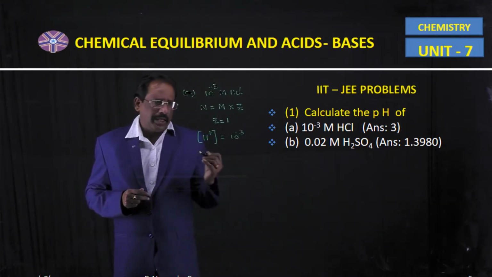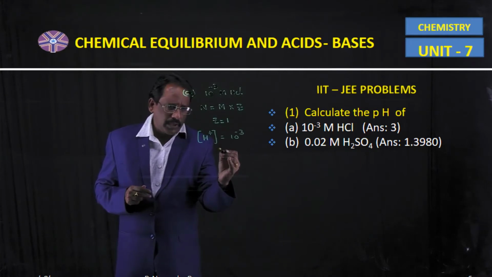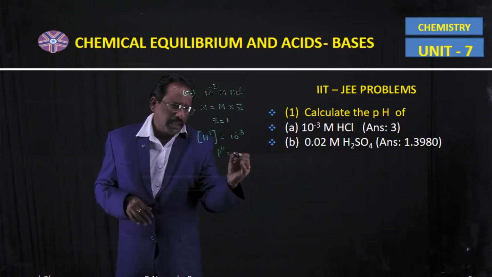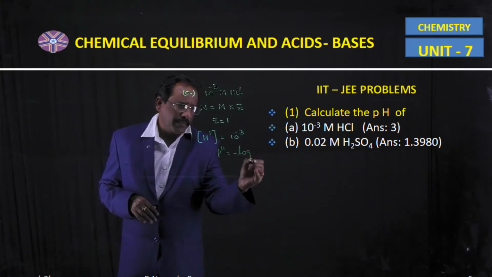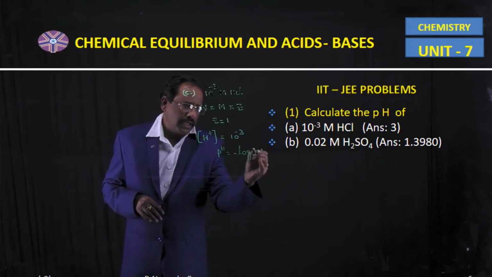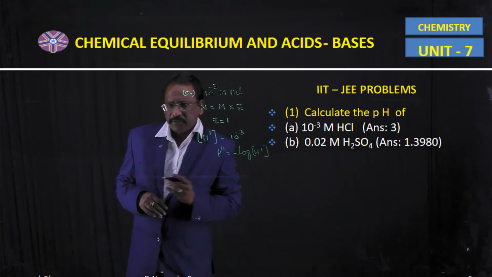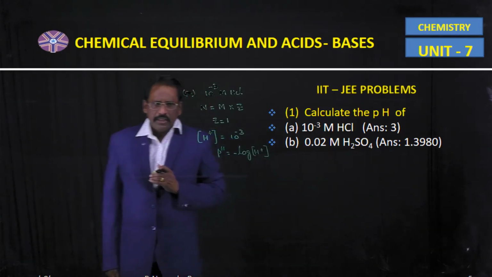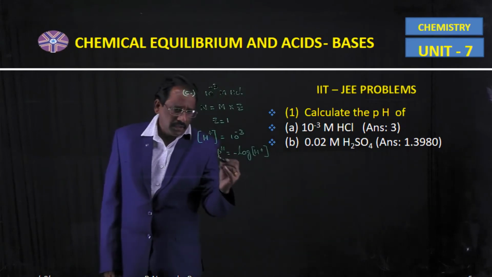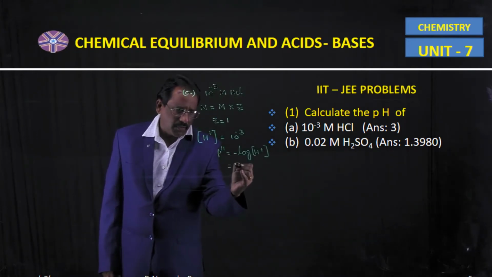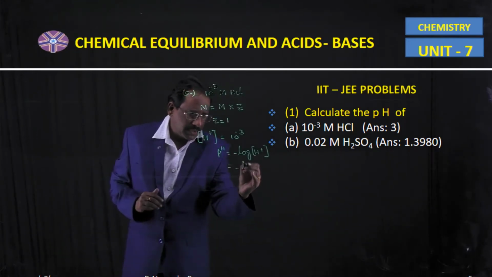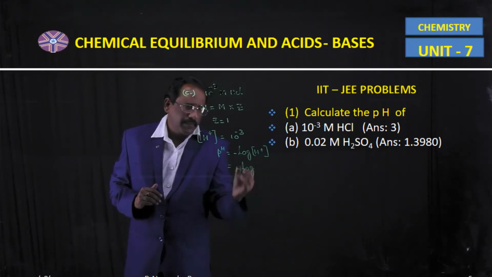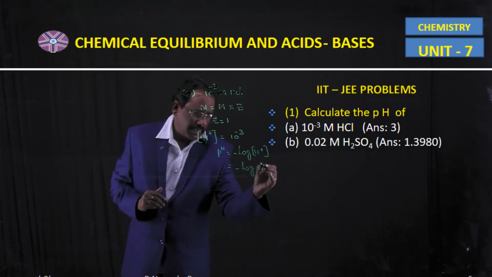Now, if you want to calculate its pH value, apply the formula: pH is equal to minus log H plus ion. Therefore, pH is equal to minus log 10 power minus 3.